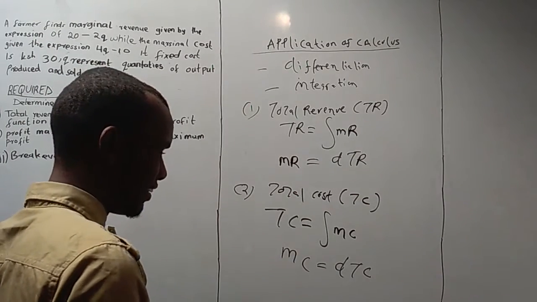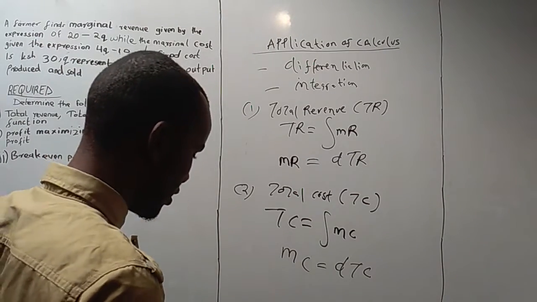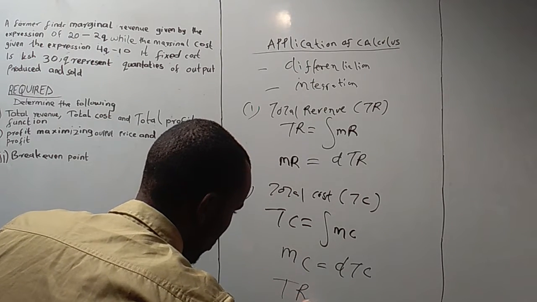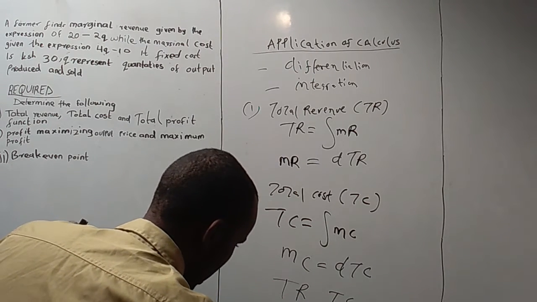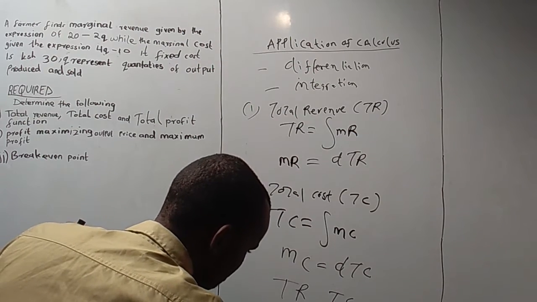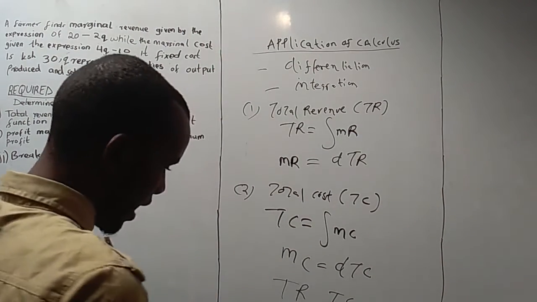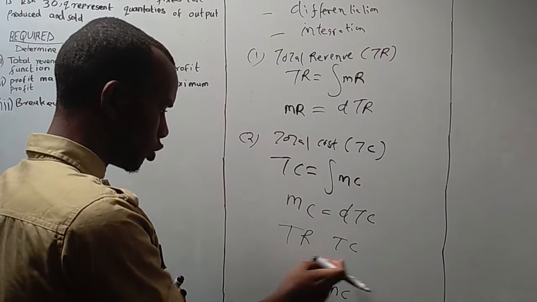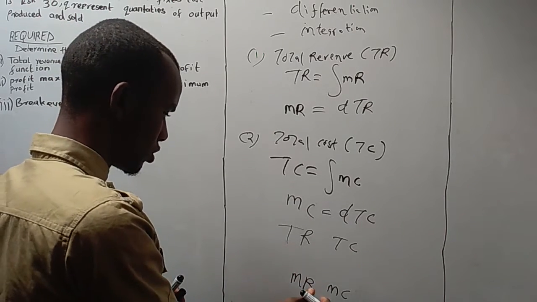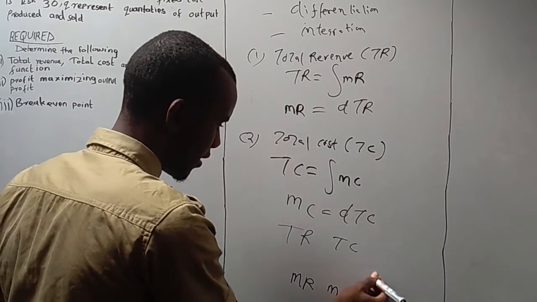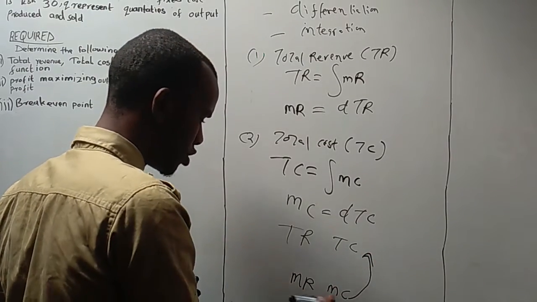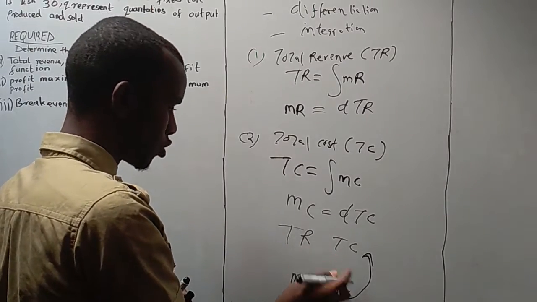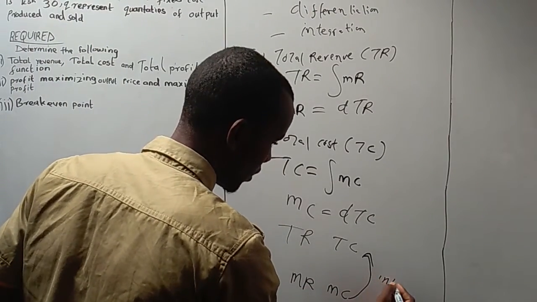Now we can summarize that. Let's say we have here the total revenue and total cost, and here we have the marginal revenue and the marginal cost. If we have the marginal revenue and the marginal cost and want to get the total revenue and total cost, we integrate.